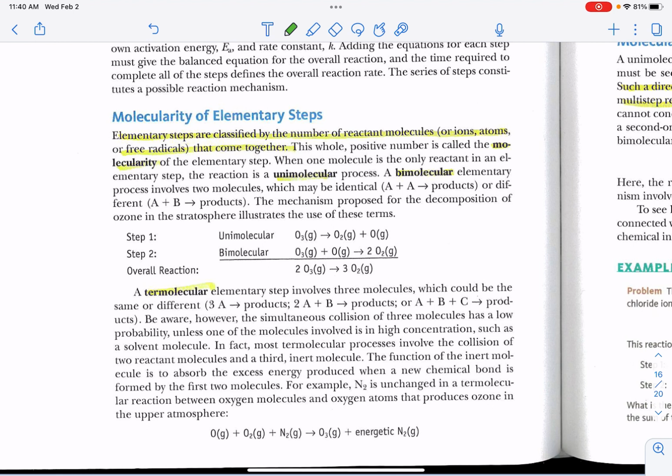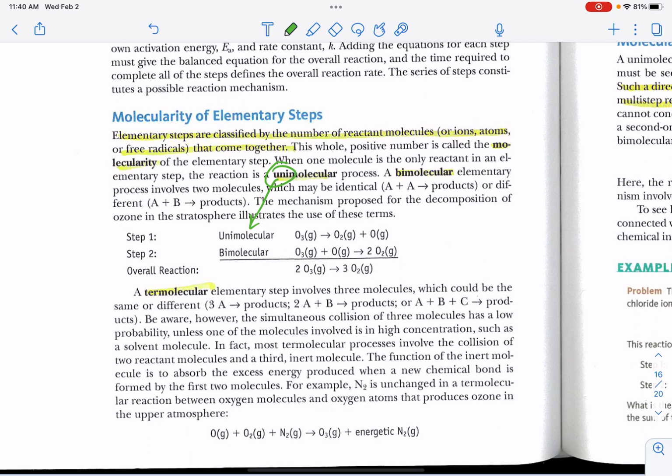If we have a single particle that is involved in a so-called collision, in other words, it decomposes, it breaks apart, whatever, we call that a unimolecular process, because uni means one.